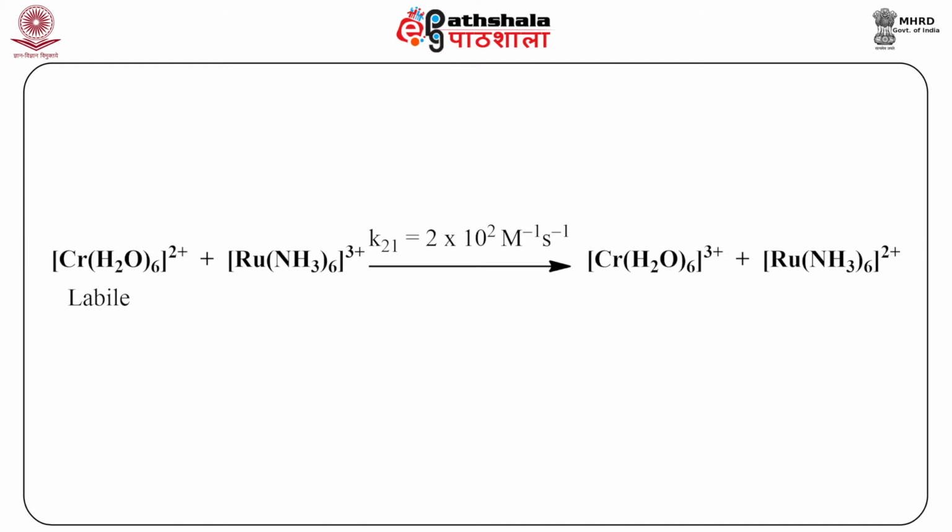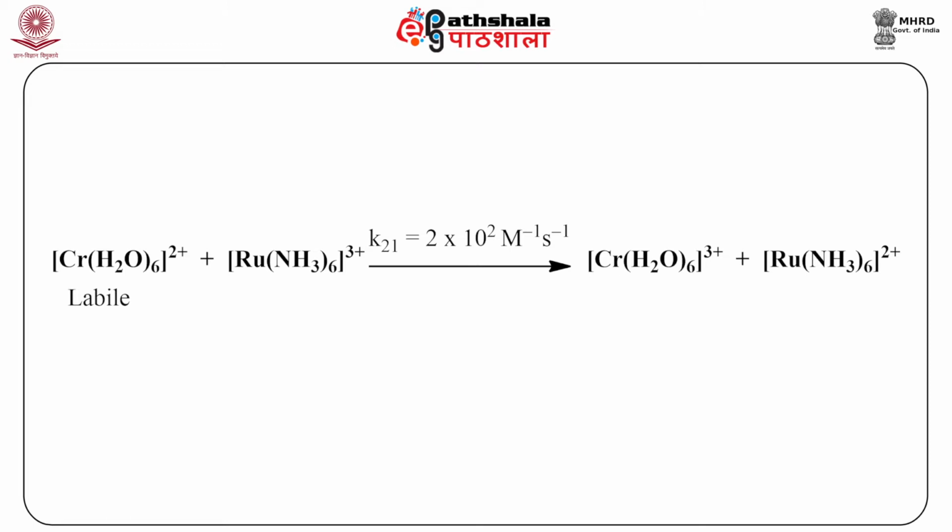If you see, both the complexes are labile. It is well known that chromium hexa water 2 plus complex is a D4 system and it is labile, and in this case ruthenium is attached with a bit stronger ligand, that is ammonia, and it is 3 plus, so it is basically D5 in configuration, and it is highly needy of getting one electron to complete a D6 configuration.